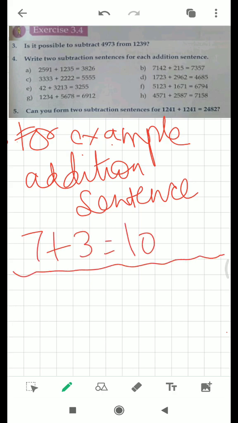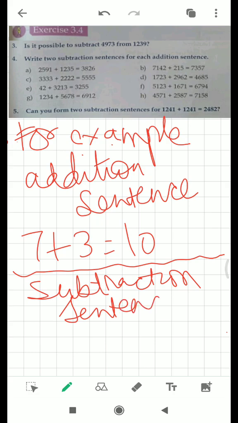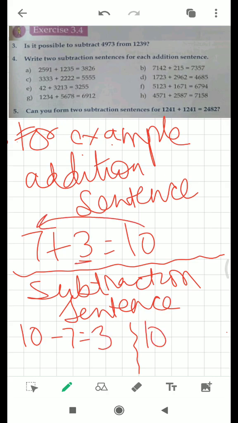Then your two subtraction sentences will be 10 minus 7 equals 3, and 10 minus 3 equals 7. Simple. Okay. So let's get started with our questions now.